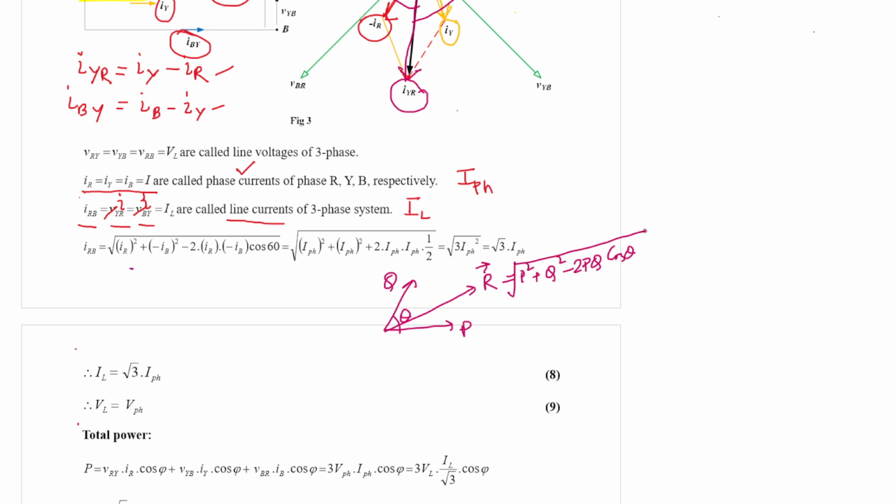So the first term is IR square, the second term is IB square, then minus 2 IR into IB, and lastly we have cos 60.